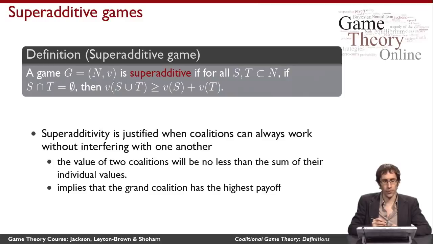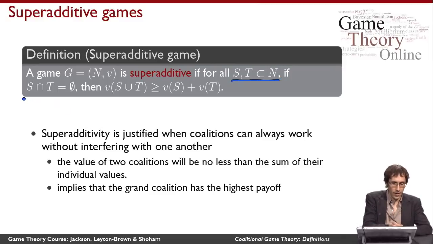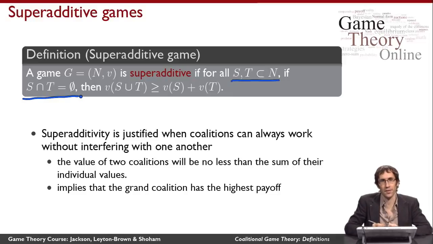We say that a coalitional game is superadditive if, for all pairs of coalitions S and T, which are both strict subsets of N, if the intersection between these two coalitions is empty, which means these two coalitions involve entirely different sets of agents, then if we make a new coalition S union T that combines these two coalitions together, the value of this larger coalition is at least as big as the sum of the values of the two coalitions independently.